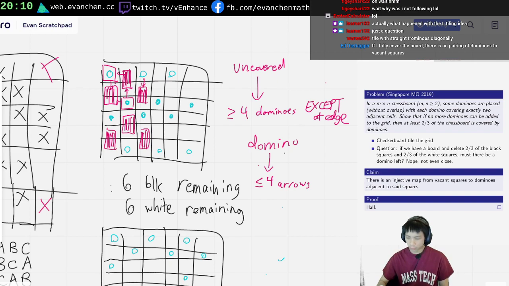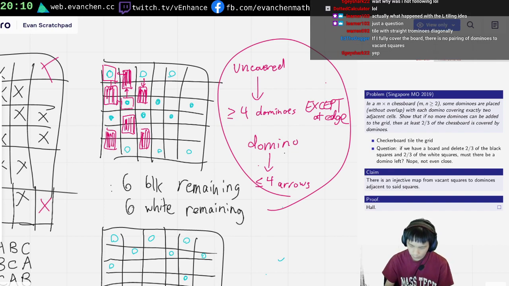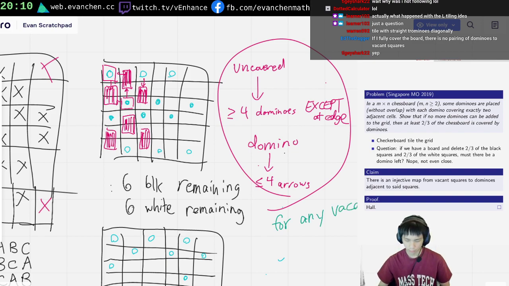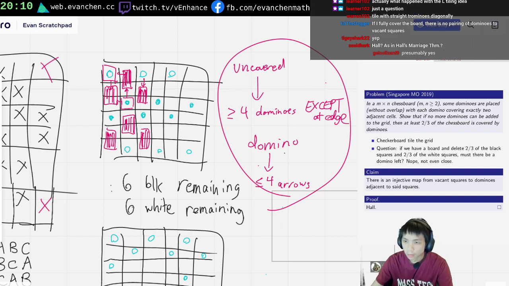Basically, this argument is enough for Hall's condition to apply, except you're worried about edges. Well, okay, let me not write. Yeah, Hall's marriage lemma.